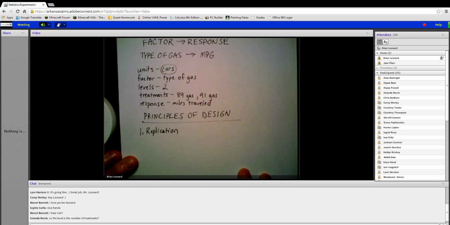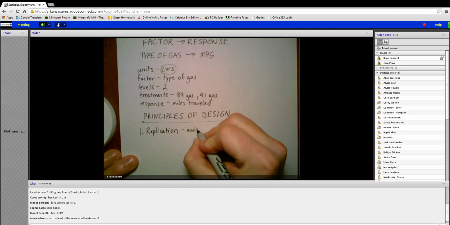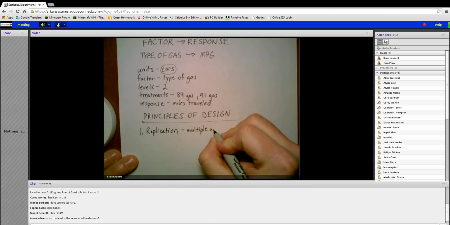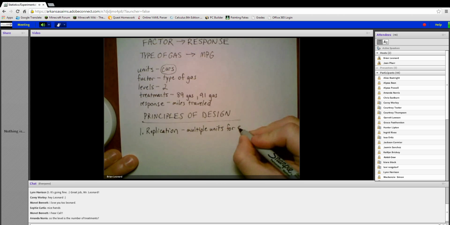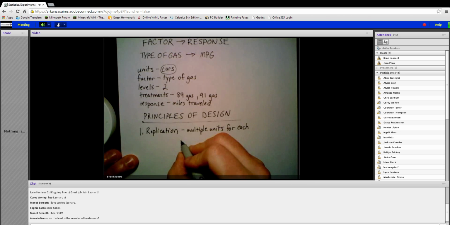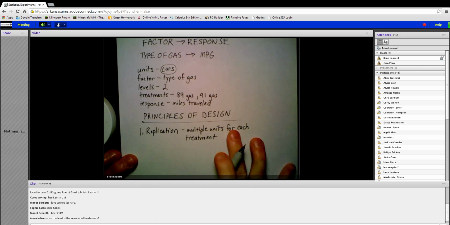Okay? And replication simply means having multiple units for each treatment. Multiple units for each treatment. Now, obviously, the more units, the better, because then we account for variability.